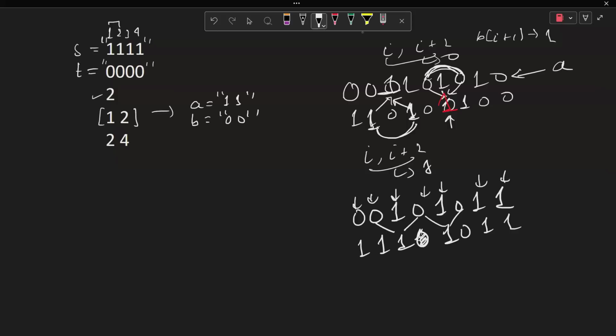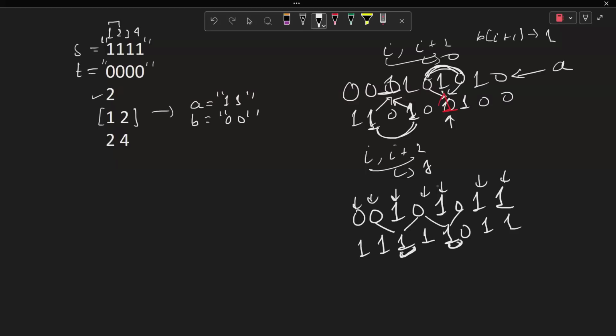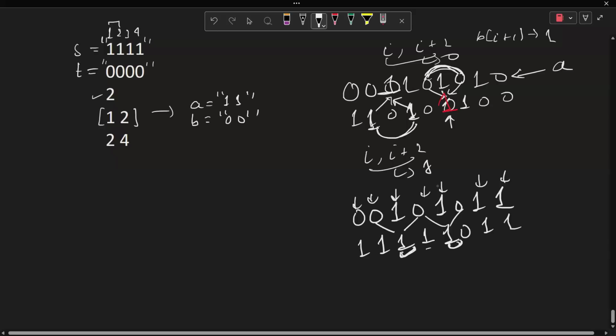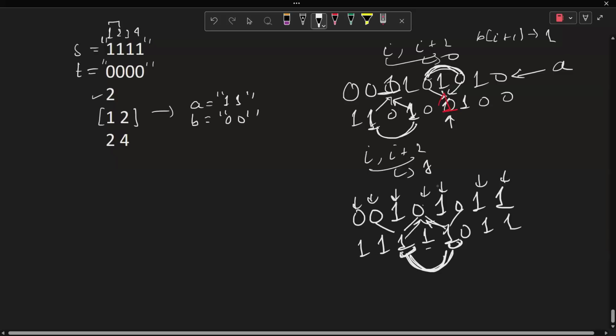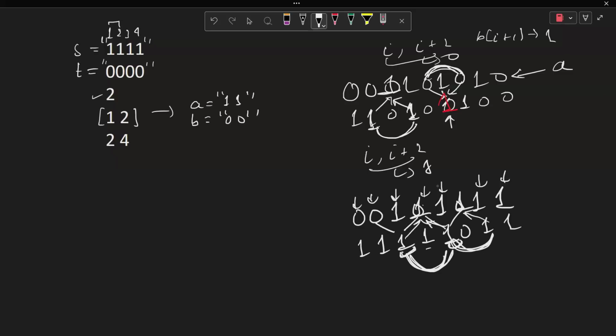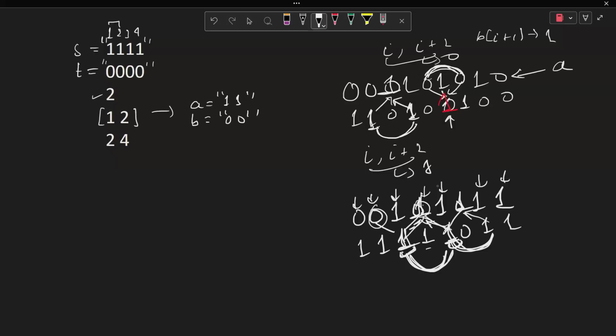And let's say we already had a one here. These two ones have converted from A and we already had this one. Now we can pick two ones from B and convert an A to one. So through these two zeros we converted this B, and then through these two B's we converted this zero into one finally.